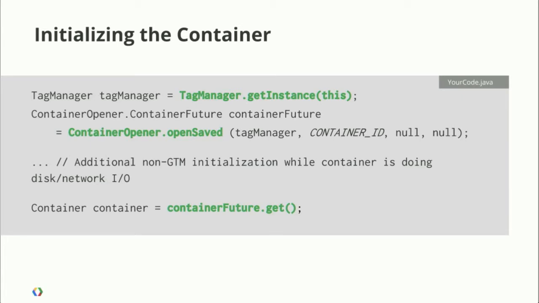That is, in the background, it's going to be doing its network communication so that we don't stall while we're waiting to open the container. While that's going on, you could do additional initialization of your application. And then when you're ready and actually need a container value, you'll call containerFuture.get, and that will, if necessary, wait until the download has happened.